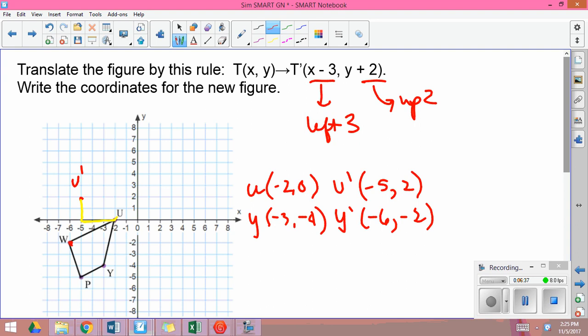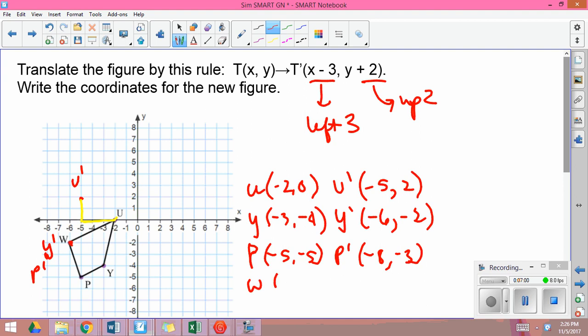And it's okay that they overlap. P is at -5, -5. So P prime is at -8, -5 minus 3, -5 plus 2, -3. So -8, -3, here's my P prime.